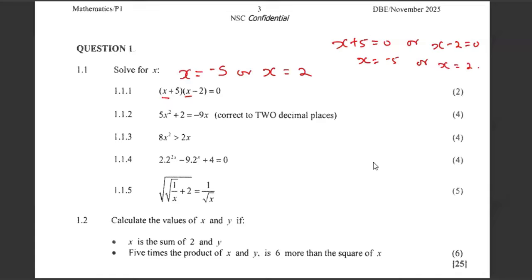All right, then 1.1.2. We have 5x squared plus 2 is equal to negative 9x. Correct to two decimal places. So we know the basics that we have to use the quadratic formula. But before we get to the quadratic formula, we have to first of all create a standard equation. So that's going to be 5x squared plus 9x plus 2 is equal to 0.